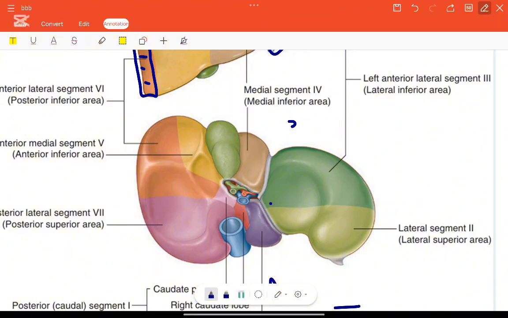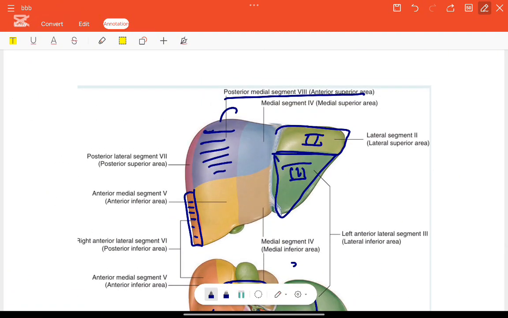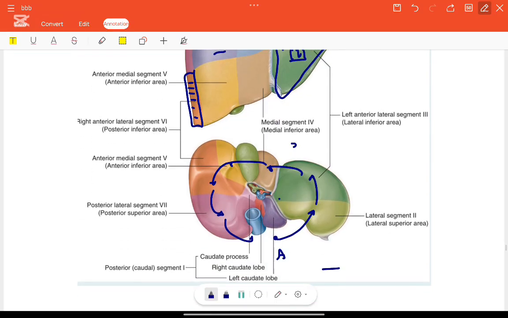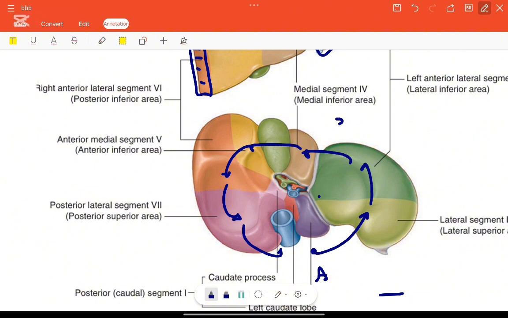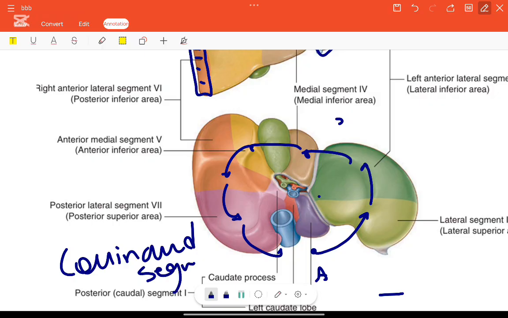So that's the caudate lobe starting at 1, then segment 2, then 3, then 4, then 5, right? Then 6, then 7, and then 8 is over here. Anyway, these segments we call Couinaud segments, I think after a French surgeon.